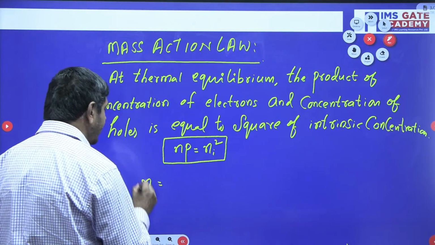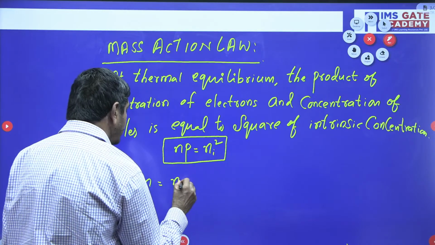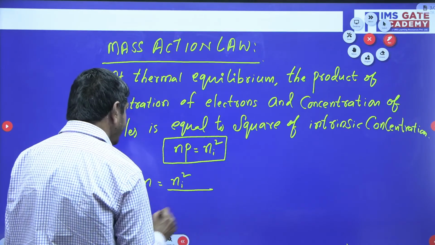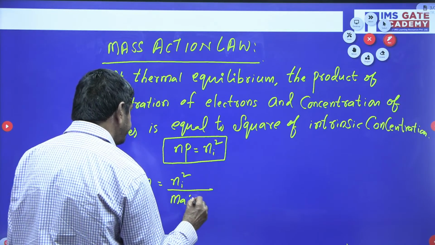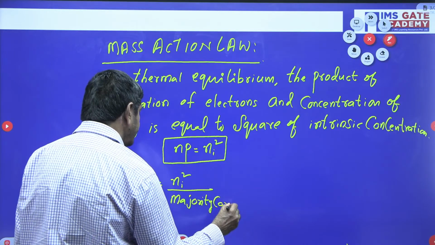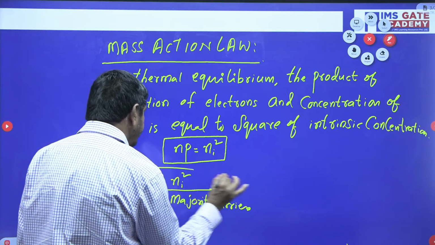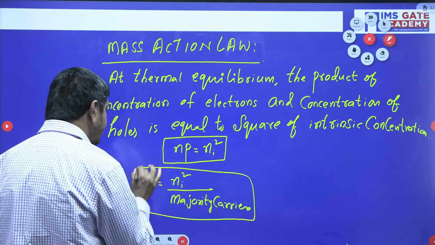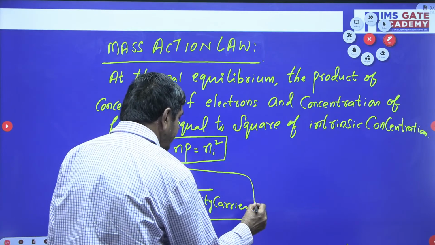N is the minority carriers, P is the majority carriers. So N equal to Ni square by majority carriers. This formula you can use directly. Majority carriers are nothing but the P here.